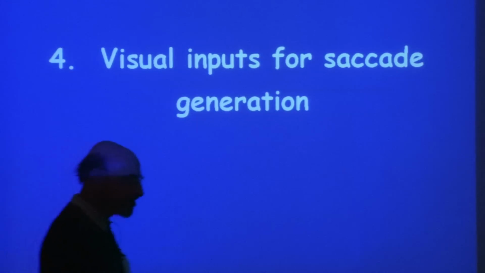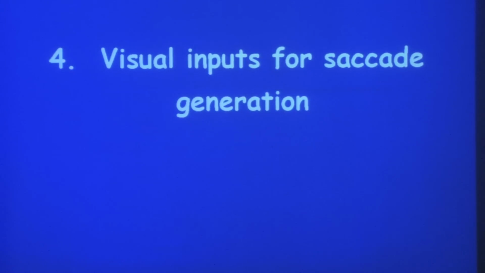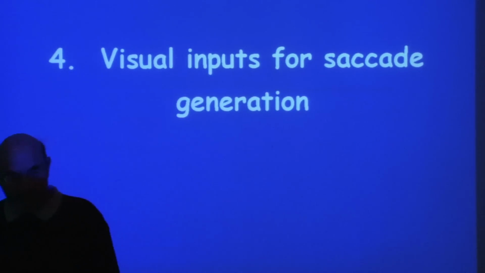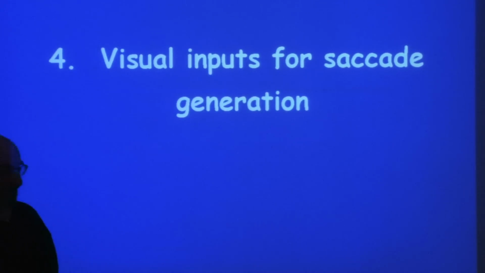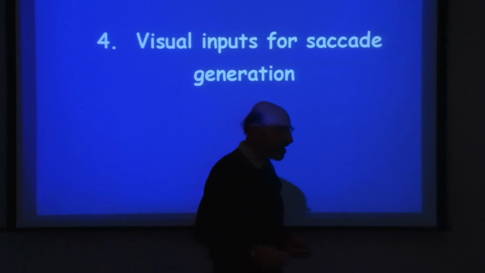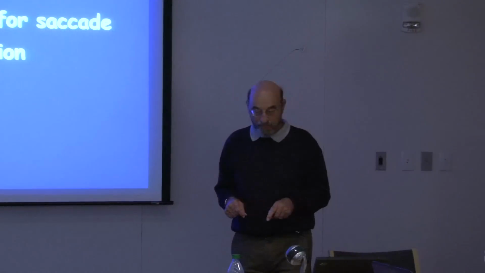Now what we're going to do next is we are going to examine what the nature of the visual input is, predominantly to the superior colliculus, not entirely, but heavily, to generate a saccadic eye movement.